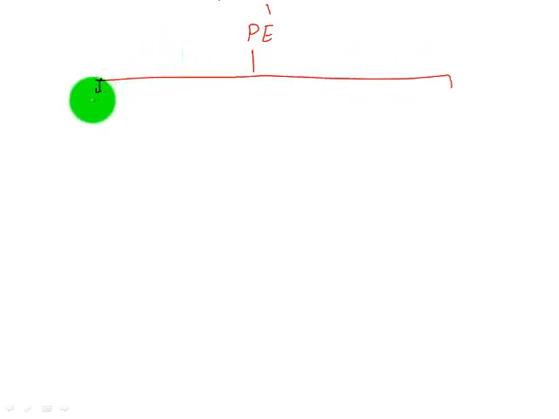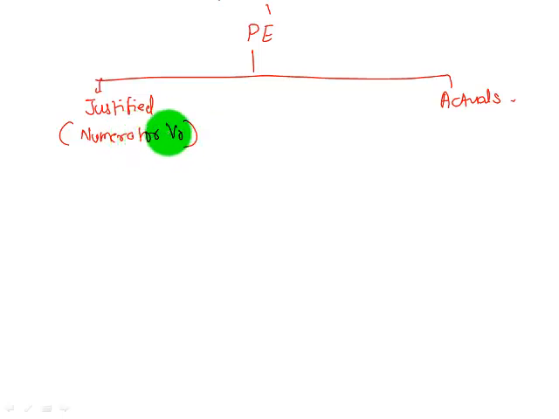See, price earning ratio. These ratios can be either justified or based on actuals. So when you say justified, your numerator is V0, and here your numerator is the market price, which is P0.